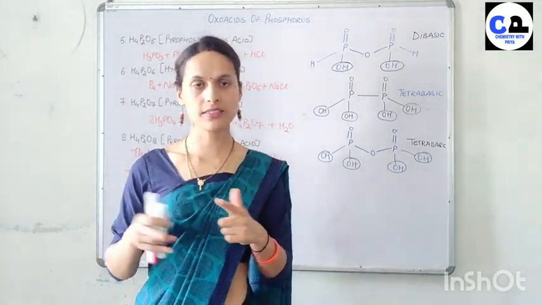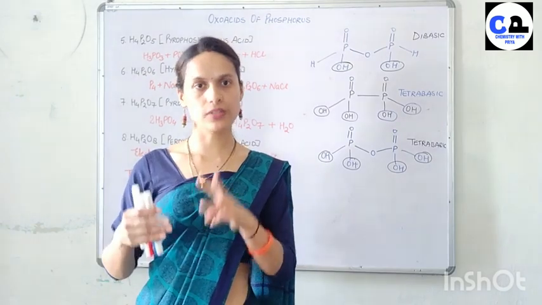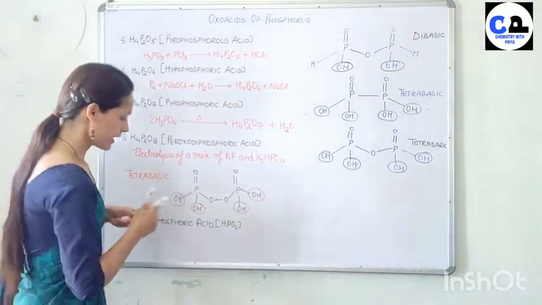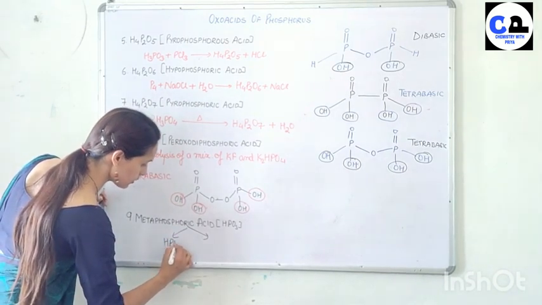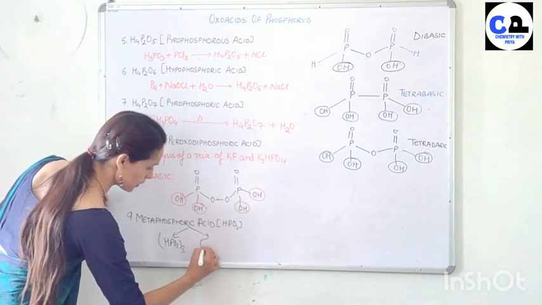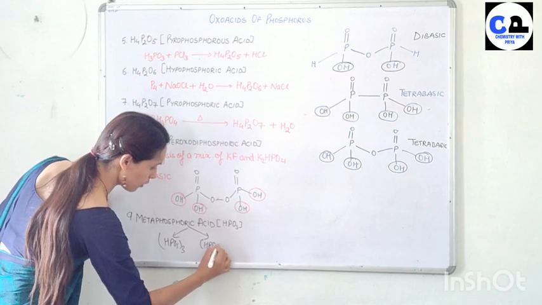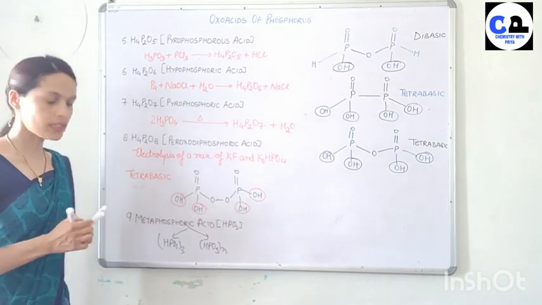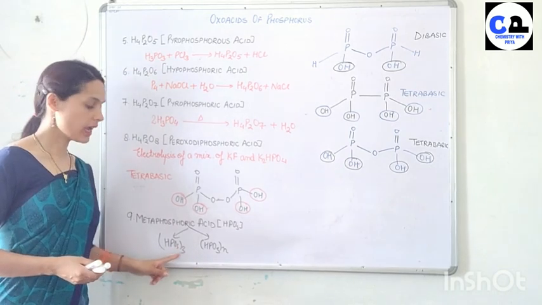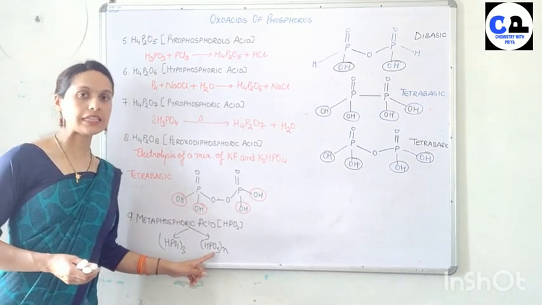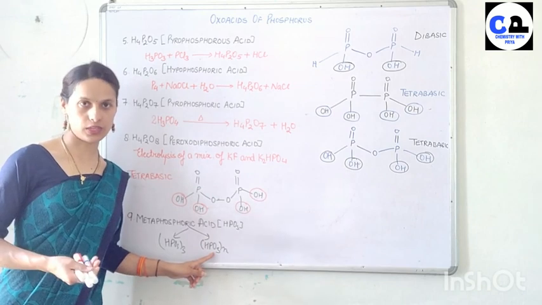Cyclotri means it is in the cyclic form, and tri means 3. First one is (HPO3)3, and second one is (HPO3)n. This one is known as cyclotrimetaphosphoric acid, and this one is known as linear polymetaphosphoric acid.